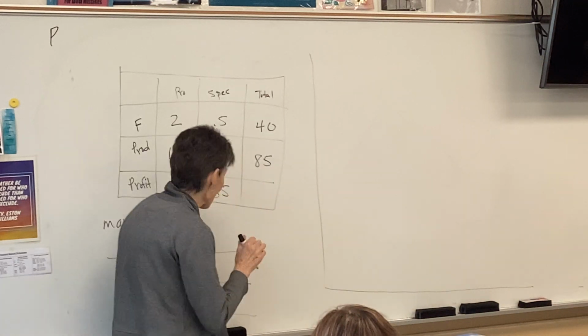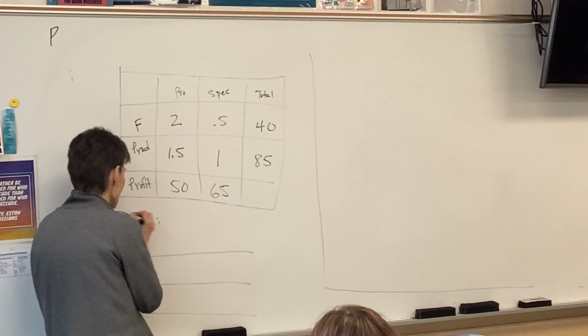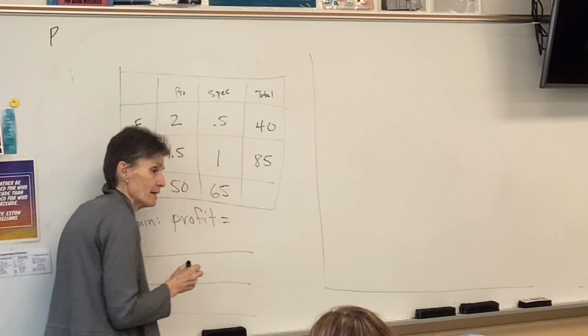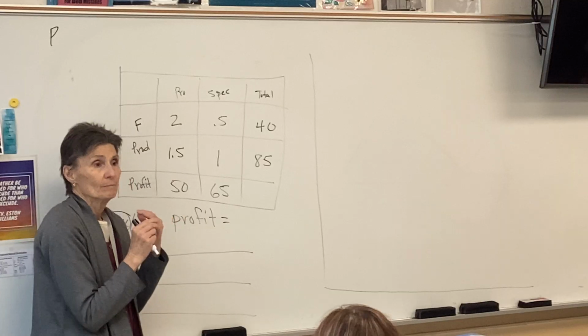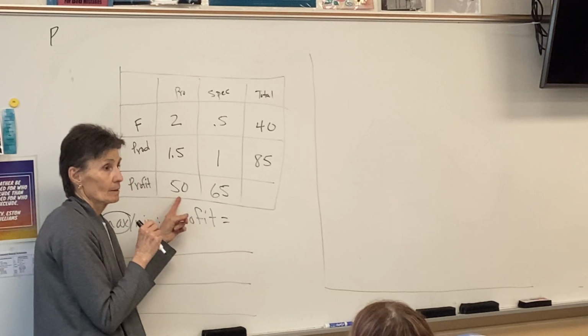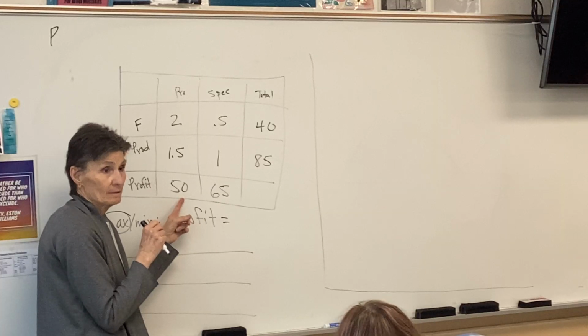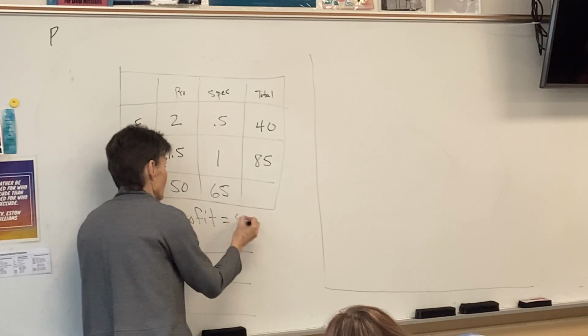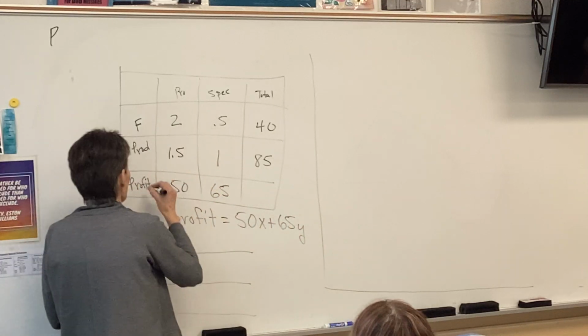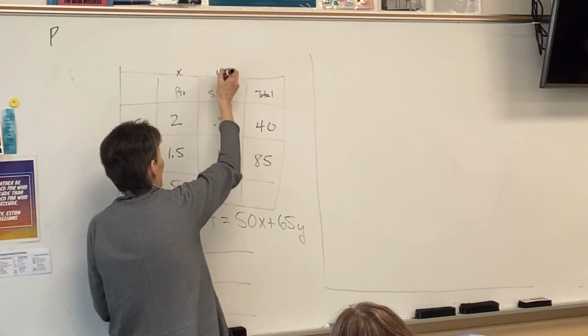Maximum profit. So we're going to maximize our profit. And how do we calculate our profit? If we let x be pro and y be specialty, it's 50x plus 65y.